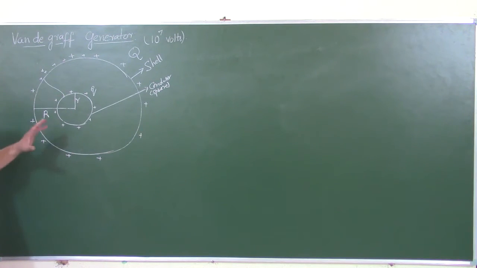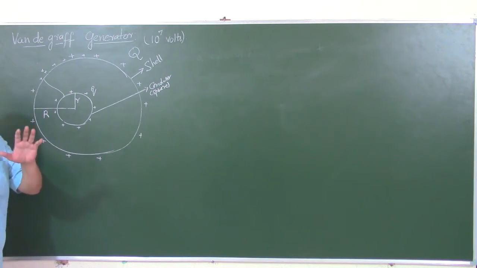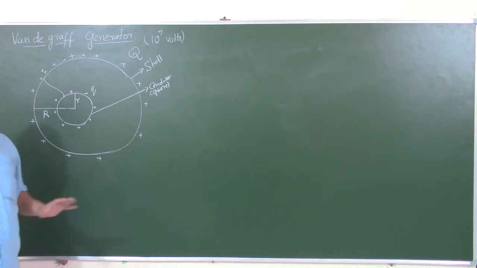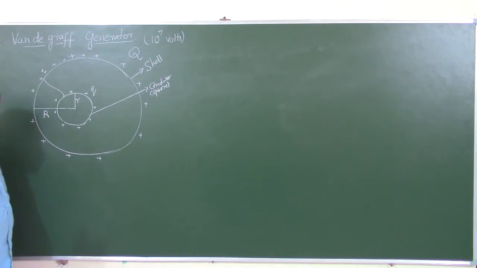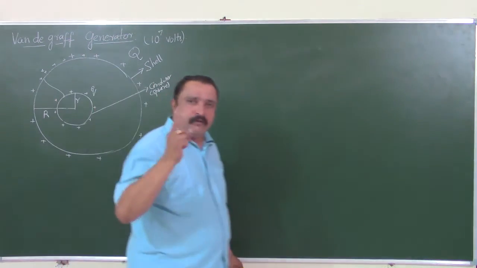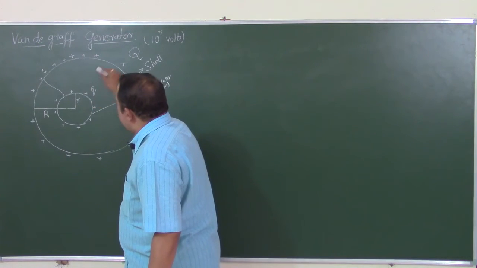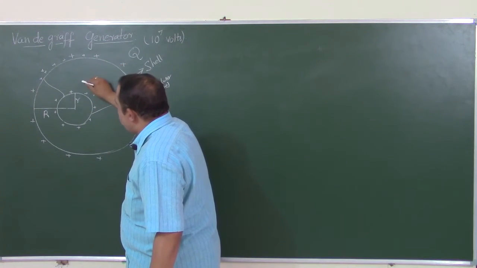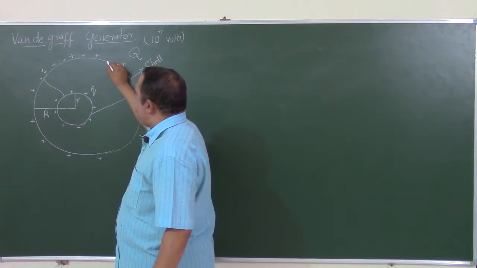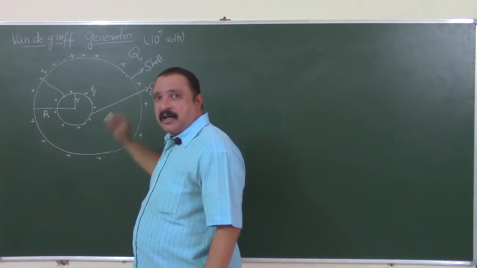Now let us examine the electric potentials at different points with respect to this diagram. You know that electric potential is constant throughout the volume. So what is the electric potential just on the surface of the shell and inside the shell? It is the same because electric potential is constant.